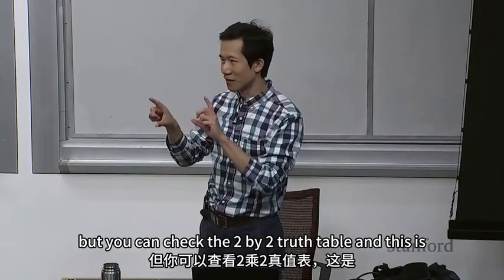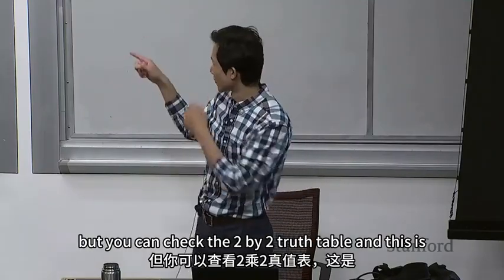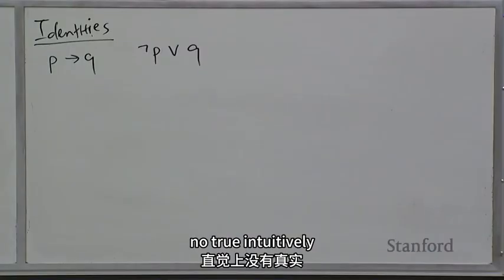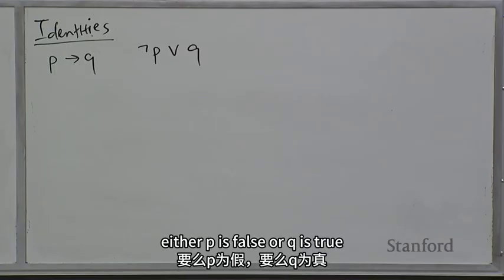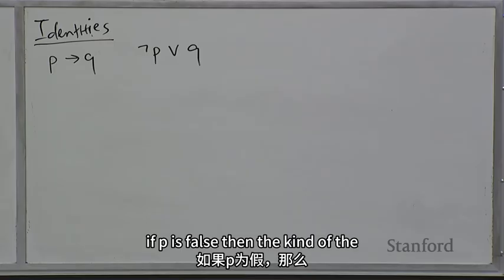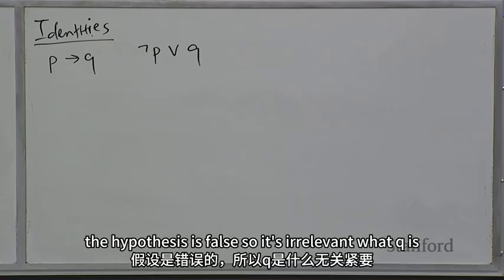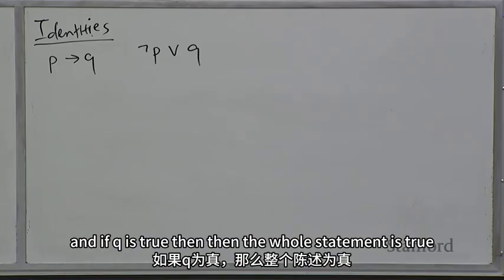But you can check the 2x2 truth table, and this is true. Intuitively, P implies Q really just is the same as saying either P is false or Q is true. If P is false, then the hypothesis is false, so it's irrelevant what Q is. And if Q is true, then the whole statement is true.